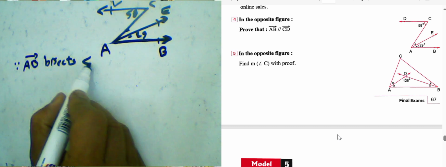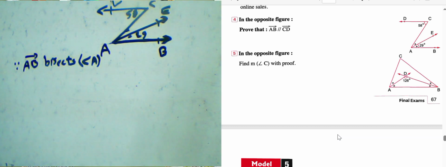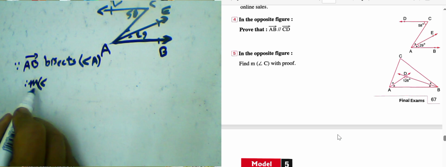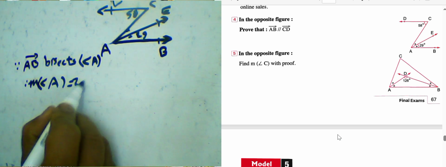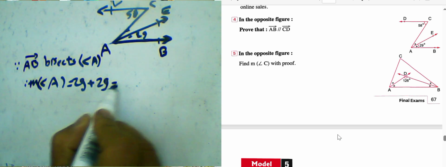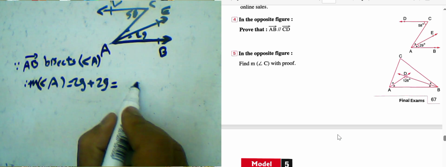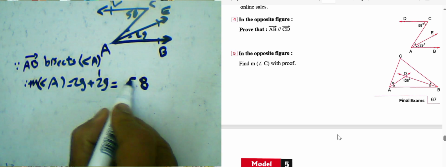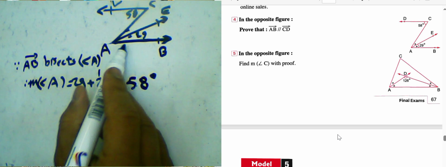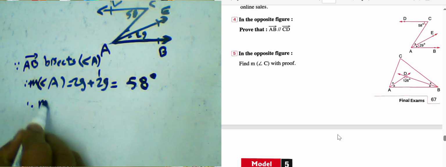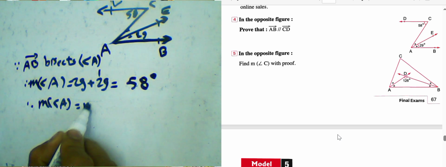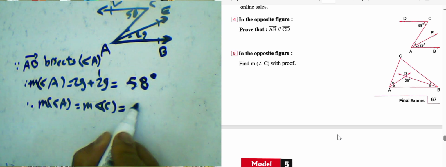He gave us this angle, 29. We can write that the ray EP bisects angle A. Then the measure of angle A equals 29 plus 29. 9 plus 9 is 18, 8 and carry 1, 3 plus 2 is 5. It will be 58 degrees, the measure of angle A. Then we know the measure of angle A equals the measure of angle C, equal to 58 degrees.